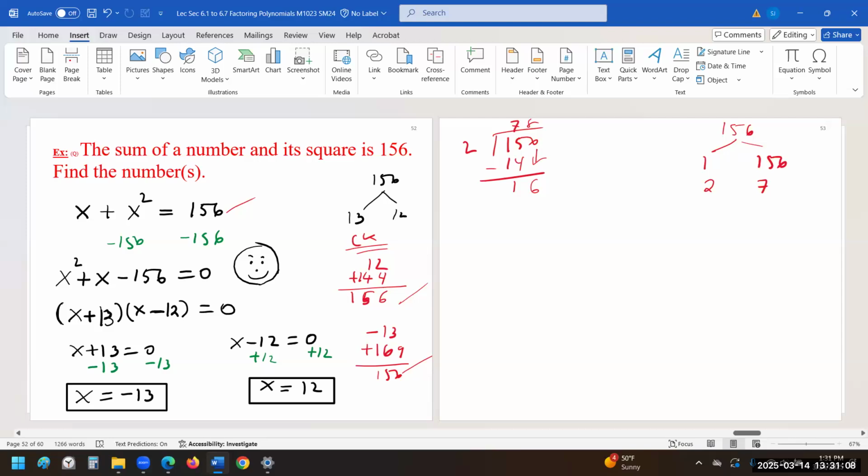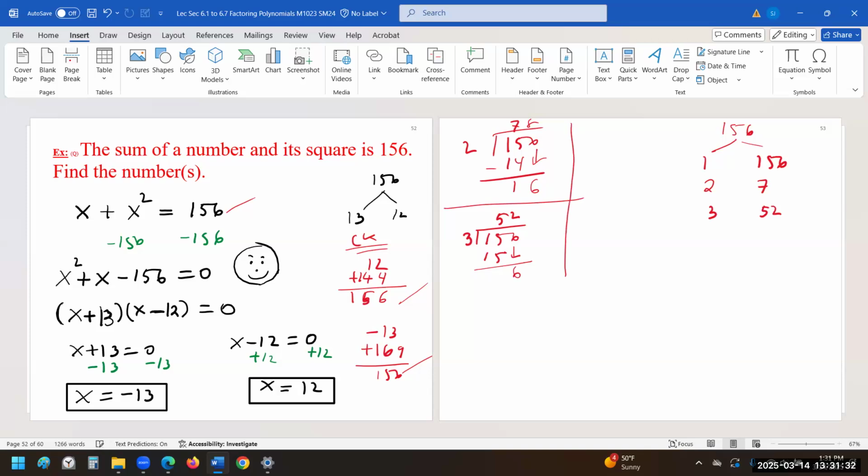Can you divide this by 3? Yeah. So 3 goes to 156. 3 goes to 15? 5. And then we bring down our 6. 3 goes to 6? 2. So it's 3 times 52.